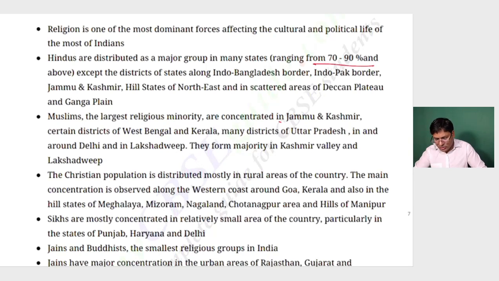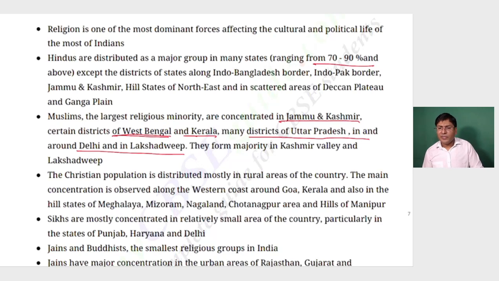तो इनमें क्या है, कौन सा आता है? जम्मू कश्मीर, most of the areas of Jammu and Kashmir, where the majority of the population follow the Muslim religion. Apart from them, there are some areas in West Bengal. In West Bengal, overall, it's not Muslim, but there are some areas which follow Muslim. Then Kerala and many districts of Uttar Pradesh and in and around Delhi and Lakshadweep.